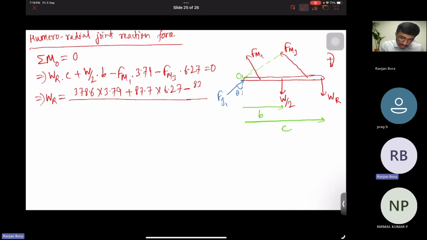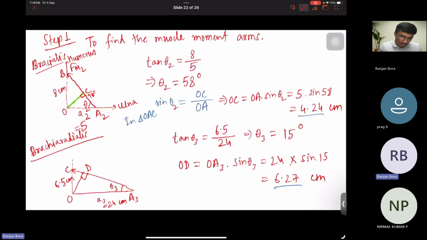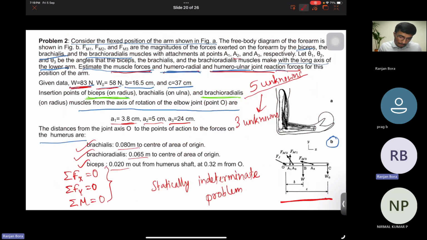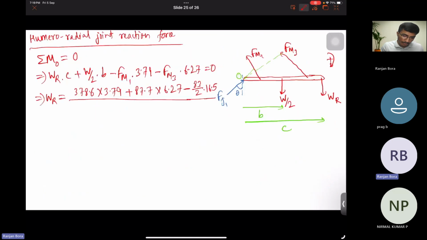It will be 83 by 2 dot 16.5, and it will be divided by C. C is given 37.